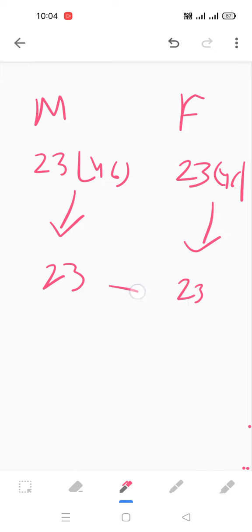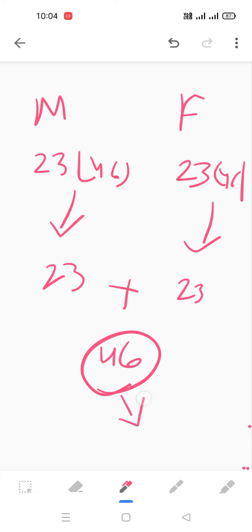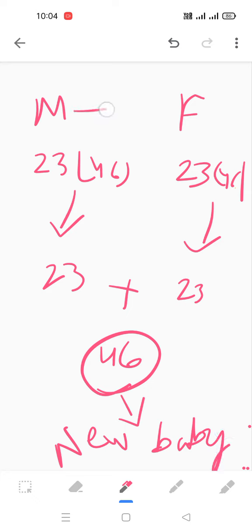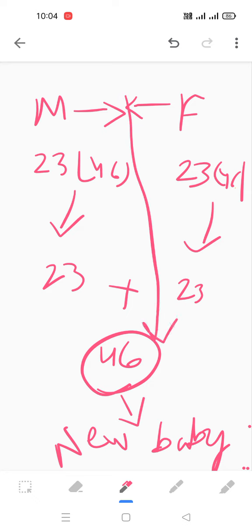When they both add, again they will be 46, isn't it? This 46 will be the new baby. The male and the female are each giving half of the number, and they both add and form the new baby. This is what I want to tell you.